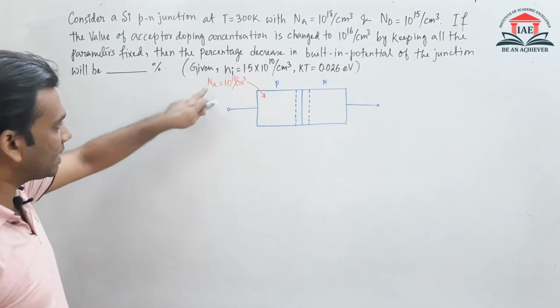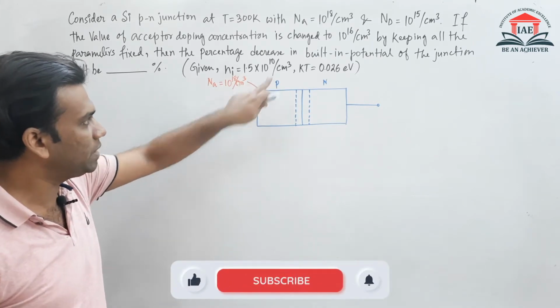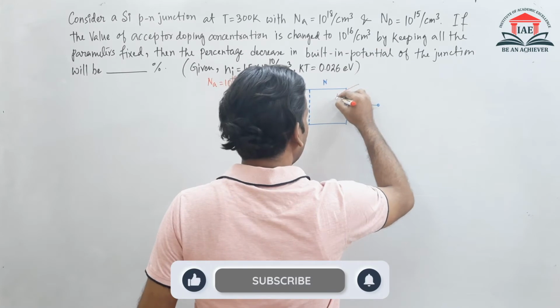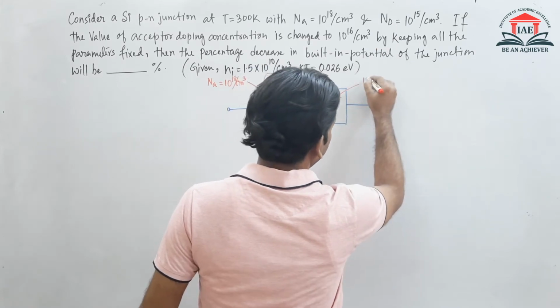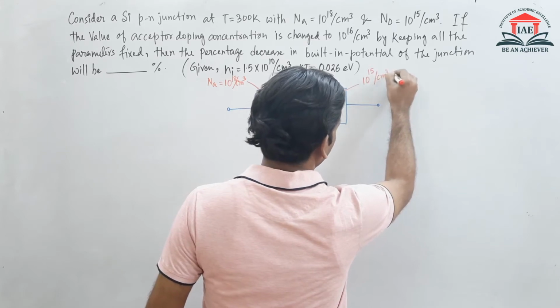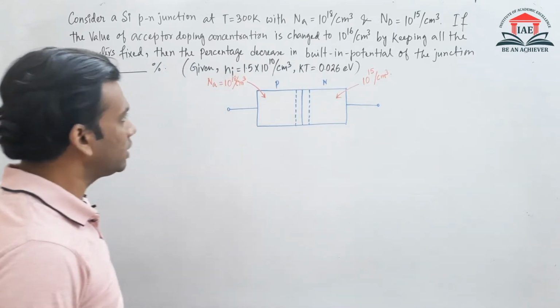And the donor doping concentration Nd is given as 10 to the power 15 per centimeter cube. So these are the two doping concentrations.